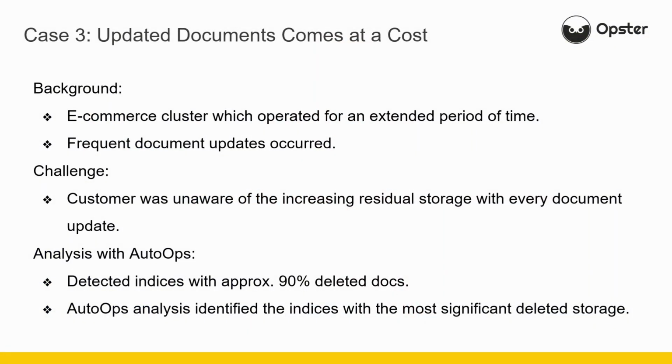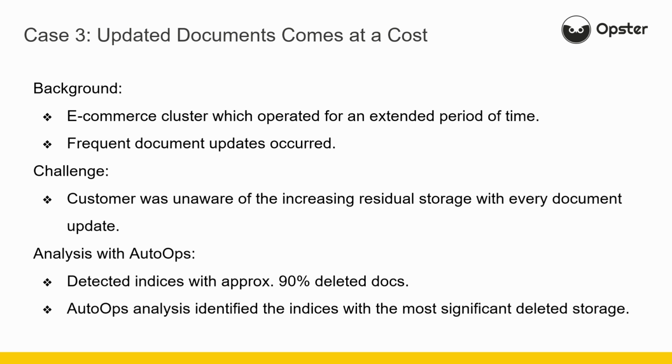So let's talk about a metric that we use to examine this case. It's the deleted docs ratio in an index. So the deleted docs ratio in an index is looking at how many docs are deleted in the index. It's a stat and metric that is available in OpenSearch, compared to how many documents are active and live in the index.